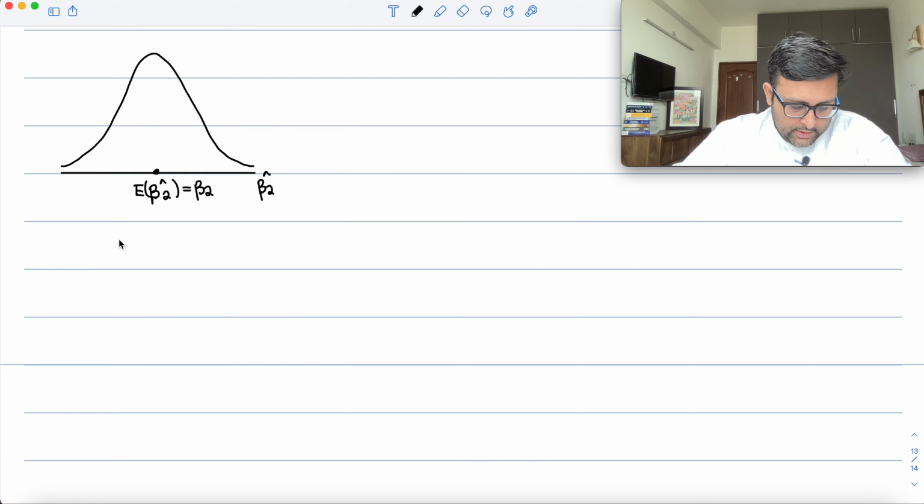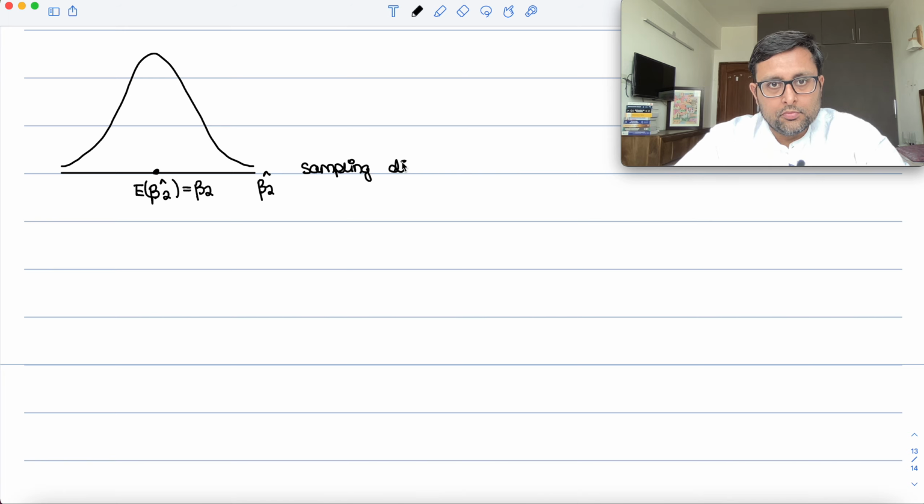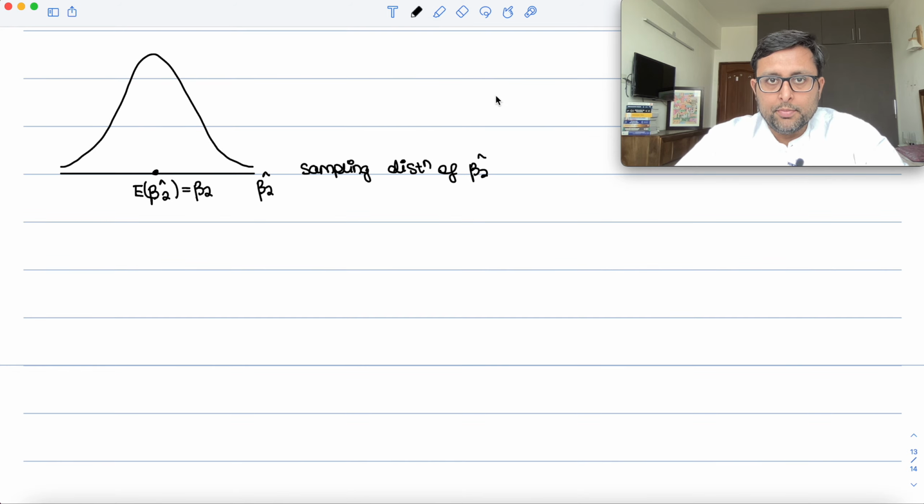So this is what the sampling distribution of beta 2 hat looks like. Beta 2 hat is an OLS estimator, right?